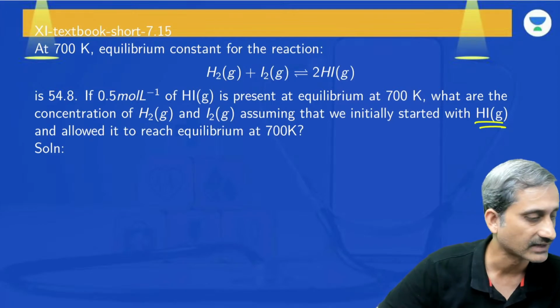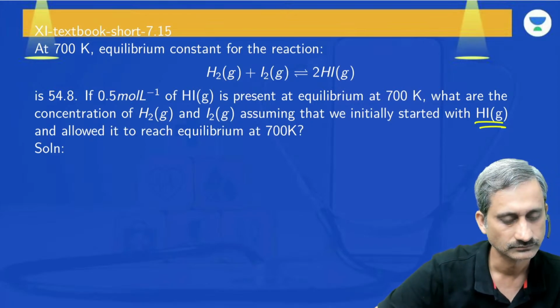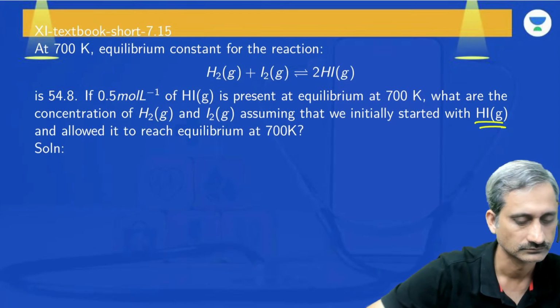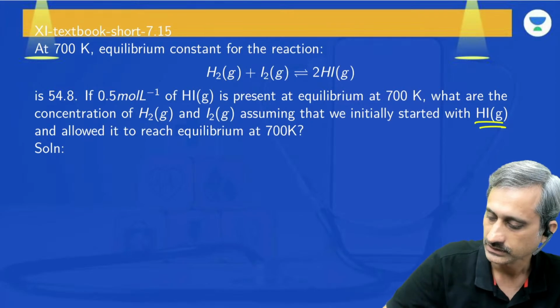If delta ng is zero, then in that case the value is going to be dimensionless. इसमें क्या सोचना है dimensions के बारे में? Is it clear?